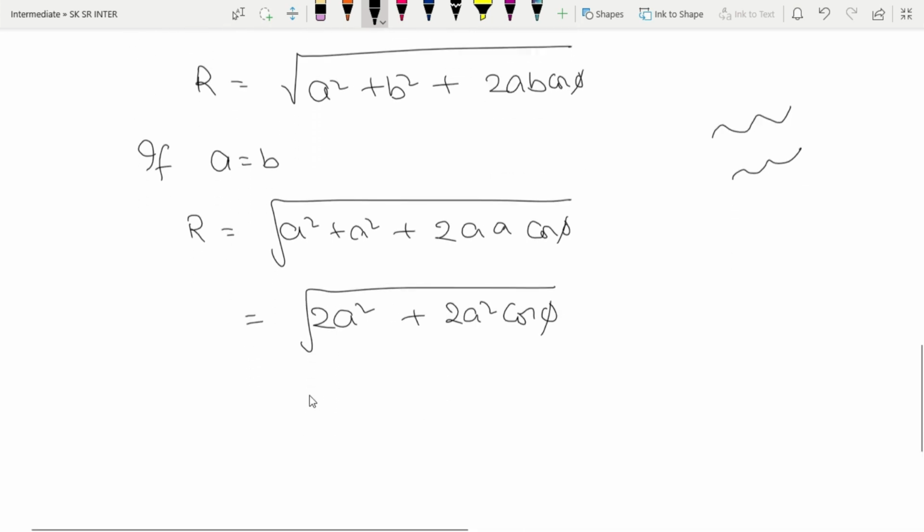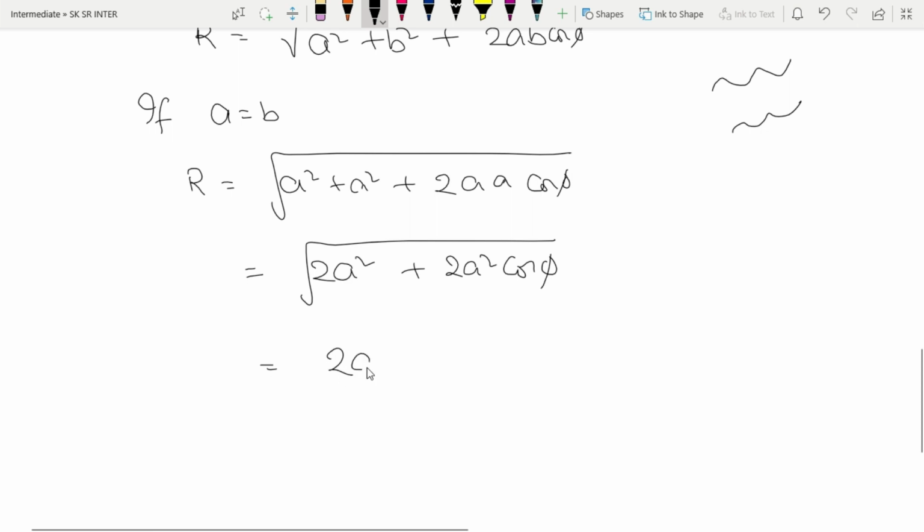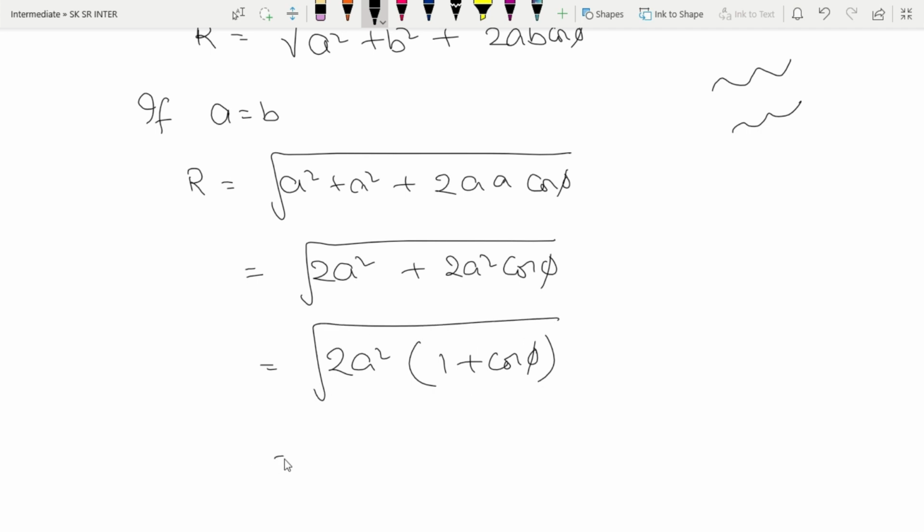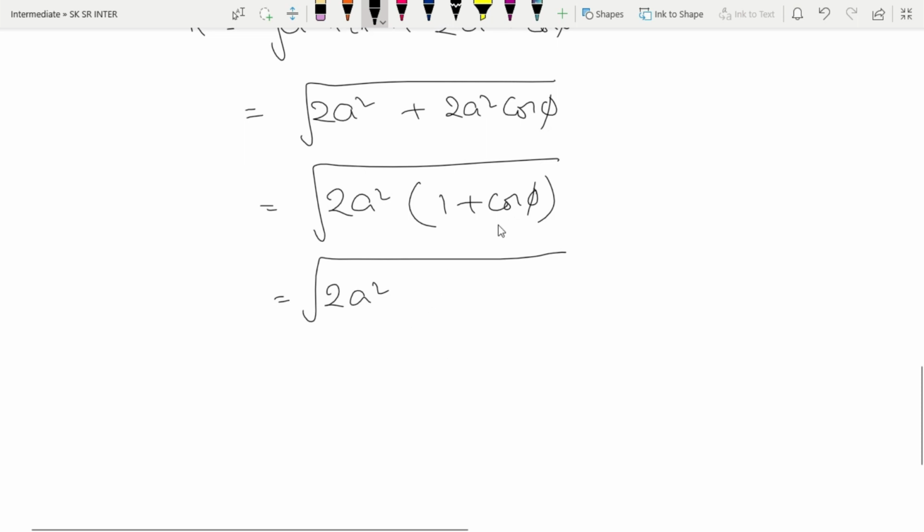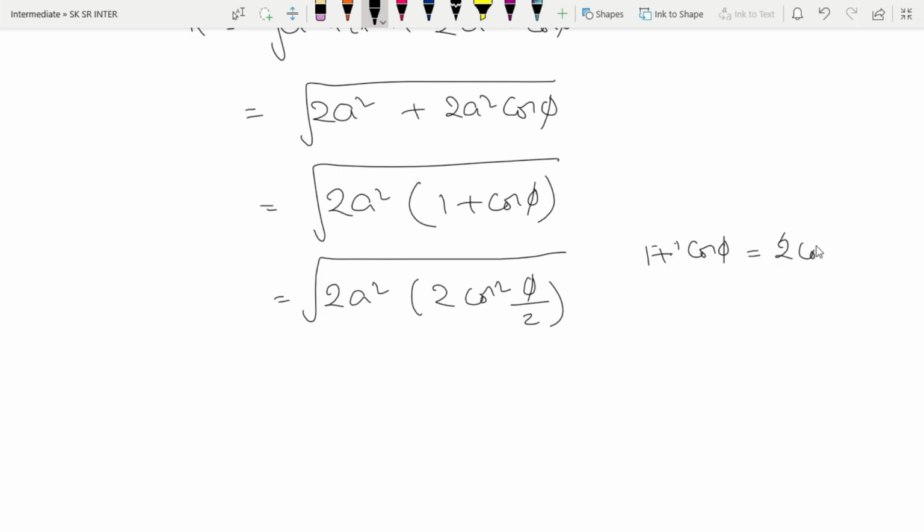Now 2a square into 1 plus cos phi, then 1 plus cos phi means 2 cos square phi by 2, since 1 plus cos phi is equal to 2 cos square phi by 2.